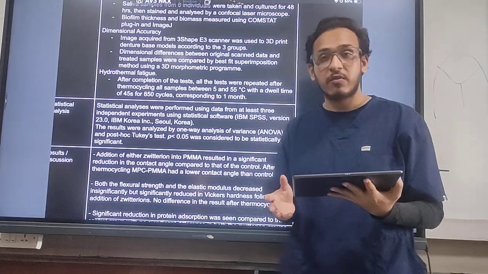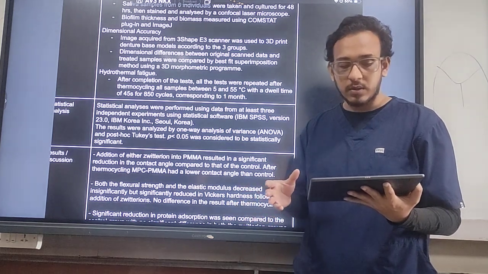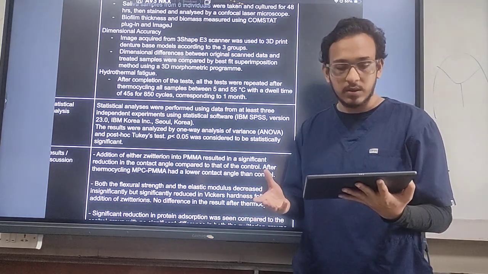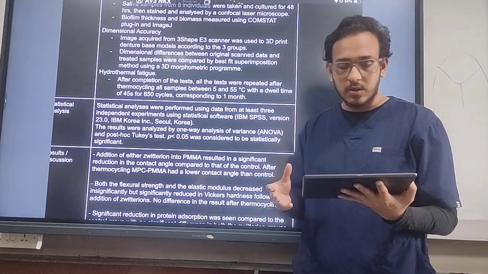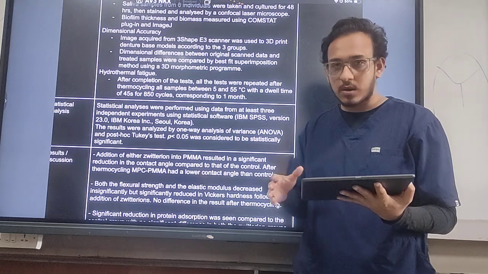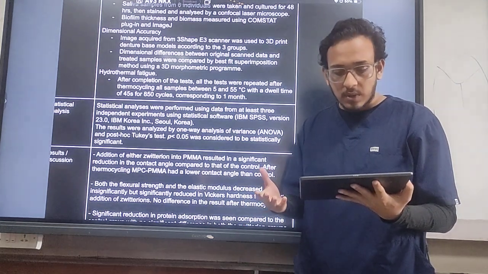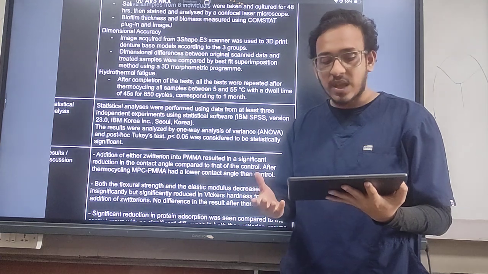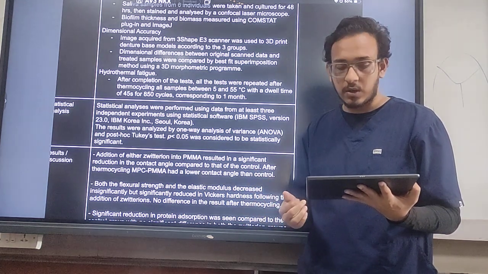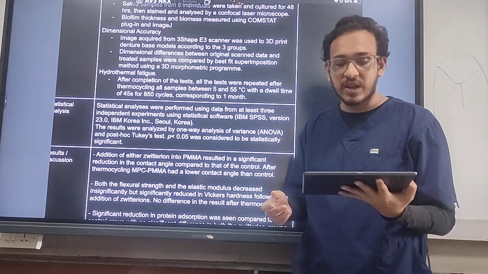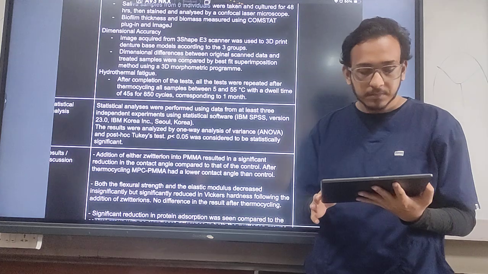So hydrothermal fatigue: all these tests were done at normal temperature, and after that they were repeated after thermocycling the samples between 5 and 55 degrees Celsius with a dwell time of 45 seconds for 850 cycles, corresponding to 1 month.